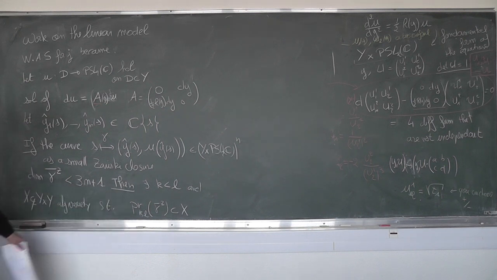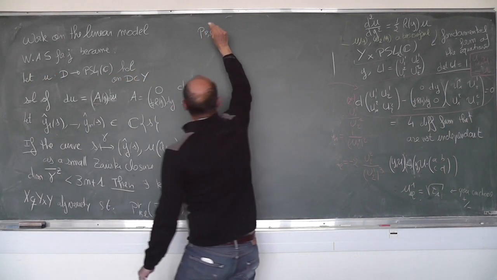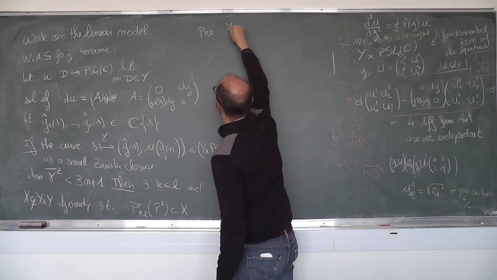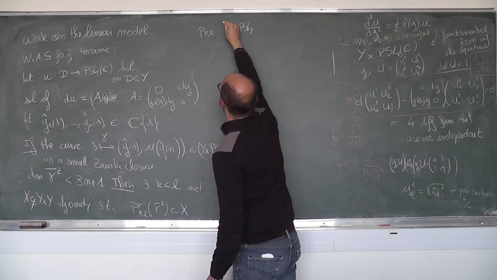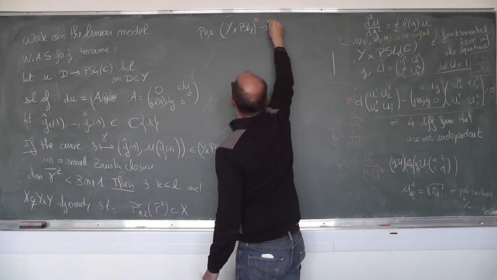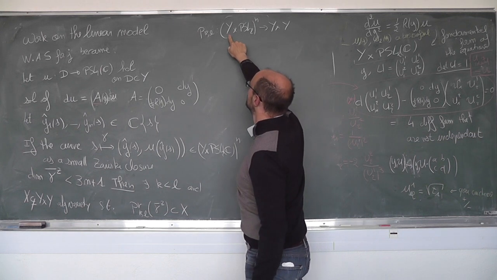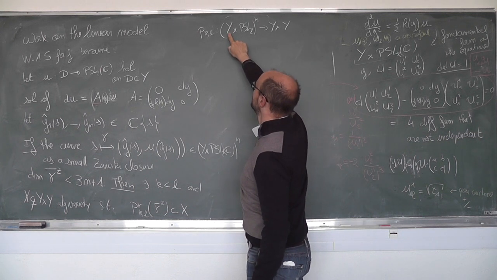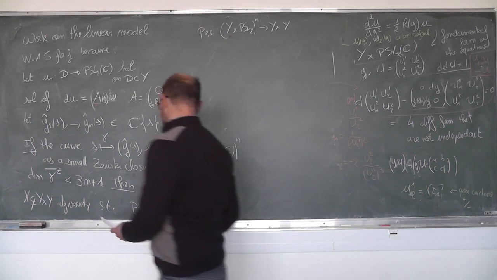So what does this mean? P_kl is a projection of this product space to Y cross Y, just selecting the k and the l factors in the product here.